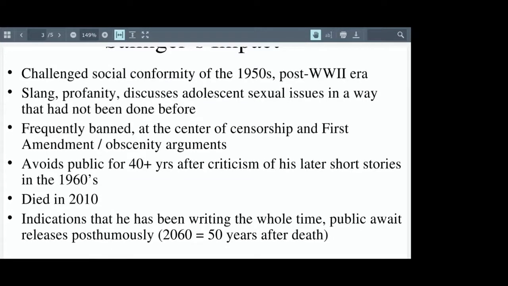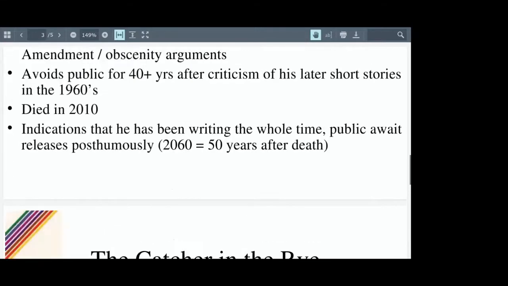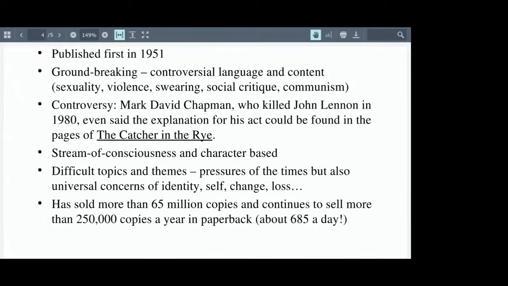But it is still being read today, and the character, Holden Caulfield, and the style of his writing, which is first person, called stream of consciousness. We'll talk more about that as we read. It hugely changed the way that people understood a character. This was a character like we had never really read. So I think that's something to be said before we get started.